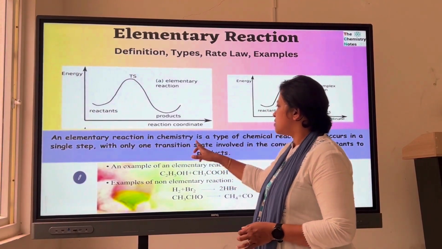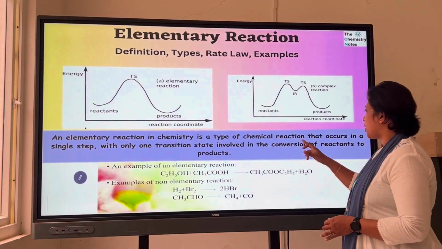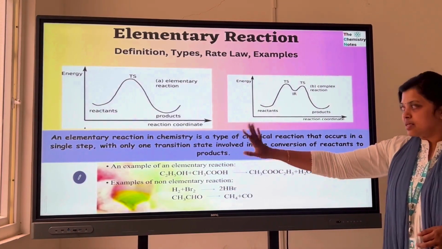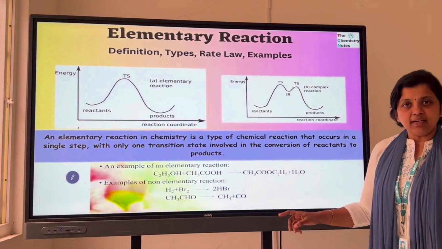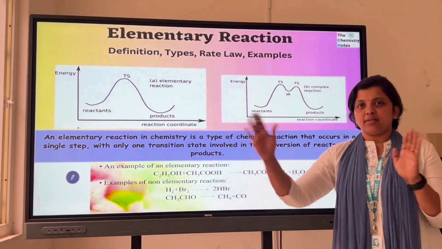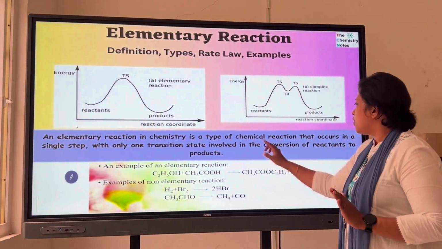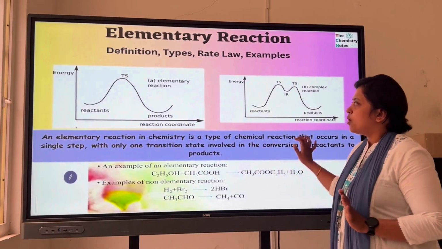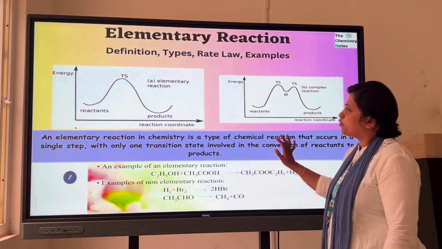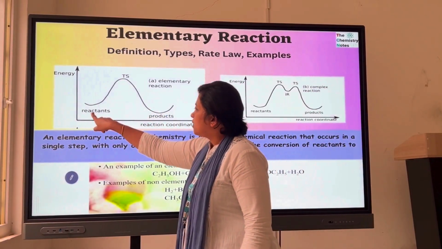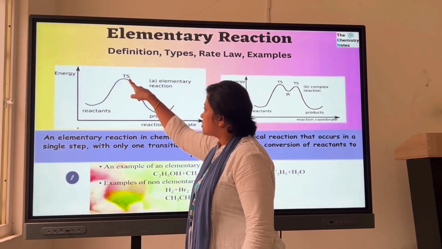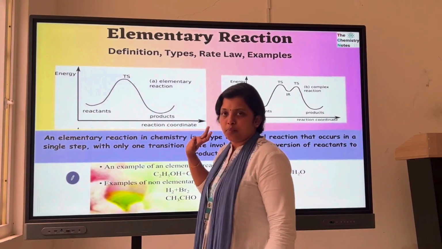An elementary reaction in chemistry is a type of chemical reaction that occurs in a single step with only one transition state. That means the reactant converts into product through one transition state. In this example of an elementary reaction, you can see the reactants directly reach the activation energy and convert into product.